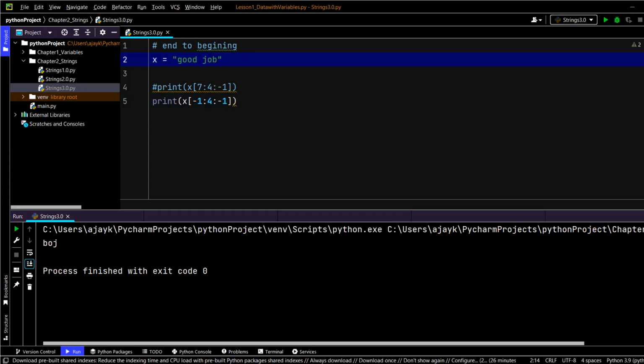So for the reverse order, this is going to be -1, -2, -3, -4, -5, -6, -7, -8, and -9, and so on. Okay, so let's say I want to go up till, let's say, -20. I don't have that many characters, right? But still I'm just writing it.